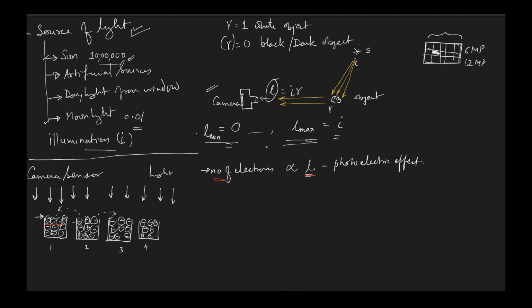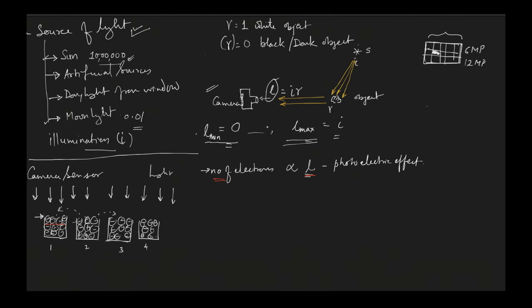Even on the same sensor, for a mobile phone camera, typically the sensor is 1/8 of an inch or 1/5 of an inch. Now in that sensor, whether you have 6 megapixel or 12 megapixel or 24 megapixel will greatly decide how much is your maximum intensity that can be recorded.